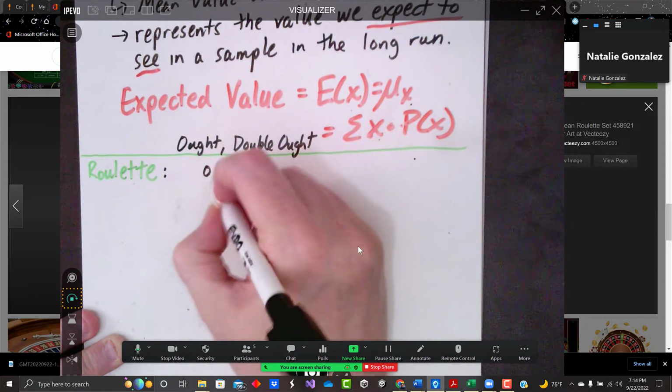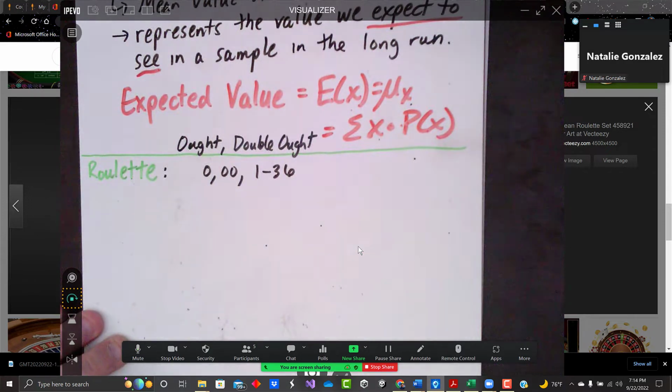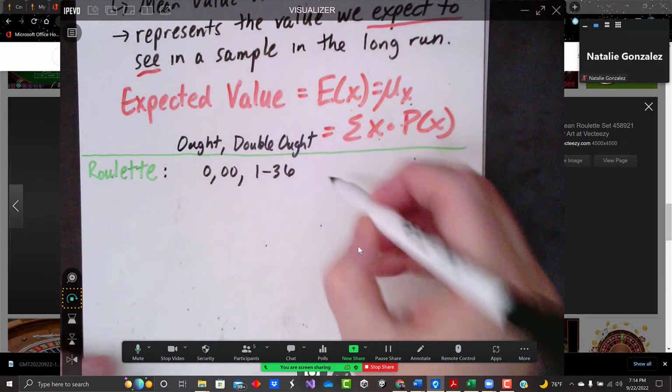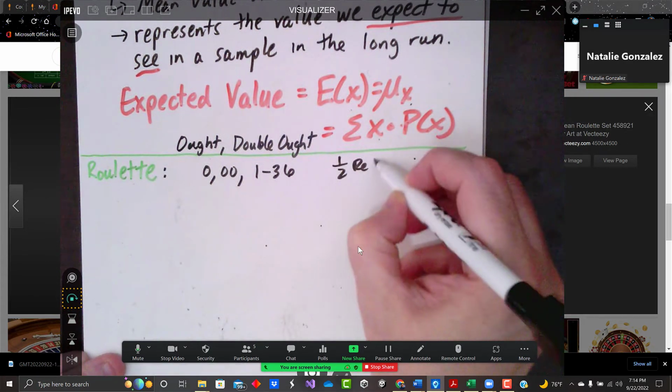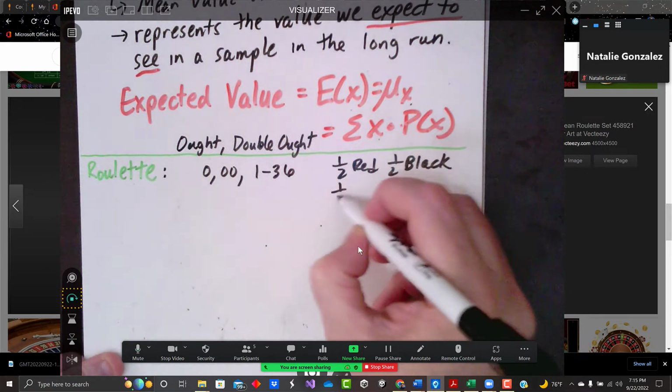That's 0 and double 0. And then there's 1 to 36. And we got done showing you, like, half red, half black. Half are odd, half are even.